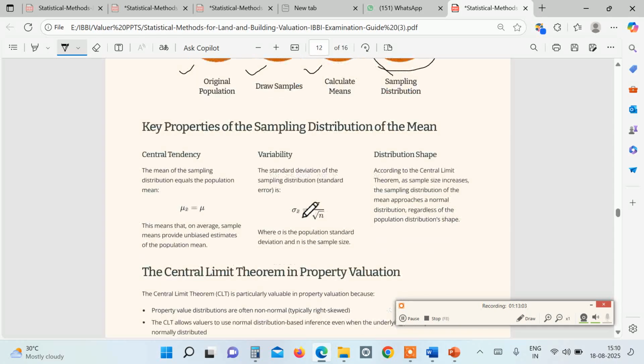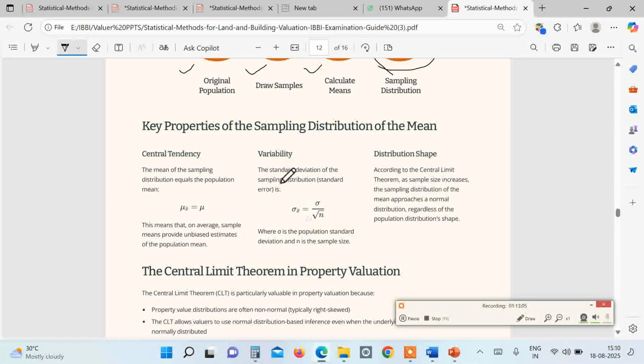So key properties of the sampling distribution of the mean: the first one is central tendency. The mean of the sampling distribution equals the population mean, mu x bar is equal to mu. This means that the average of sample means provides an unbiased estimate of the population mean. Then variability.